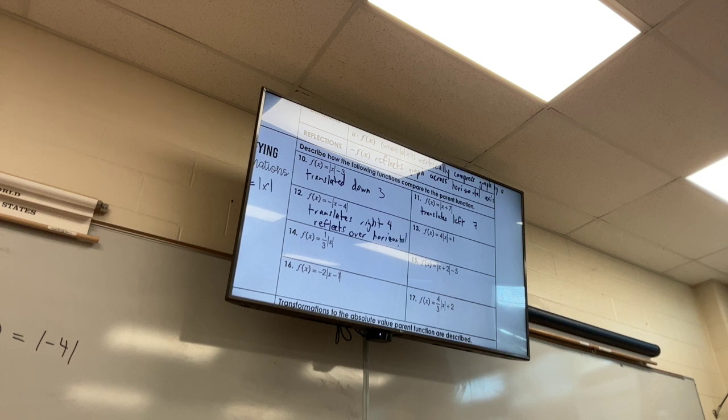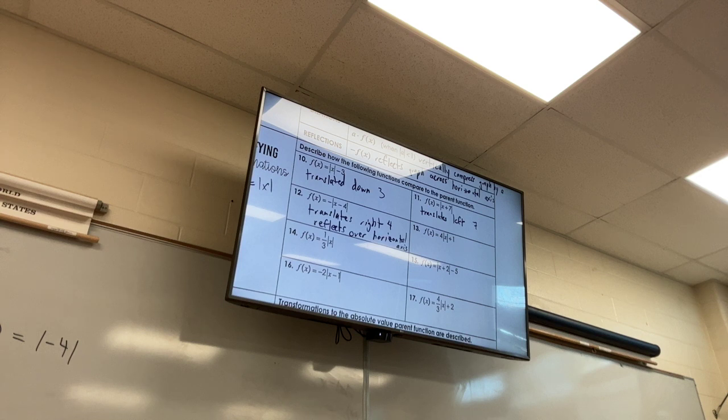Can I just write reflects and translate to the right? Yeah, I mean, it's your notes. You can write whatever you want. But when we start doing this to turn in on a quiz or a test, you need to write the number of units to translate and in what direction.